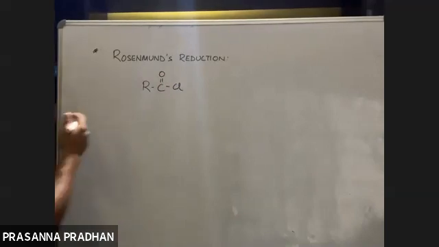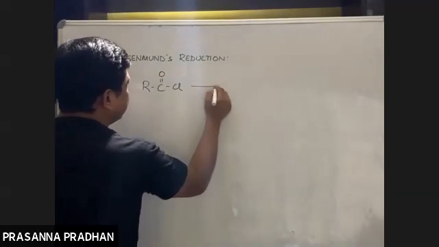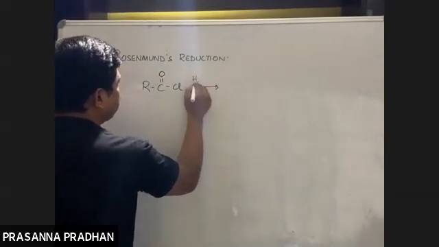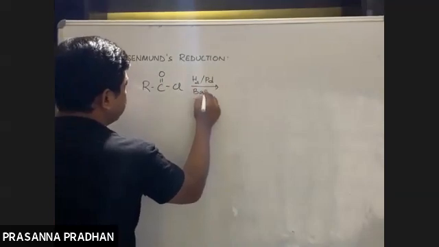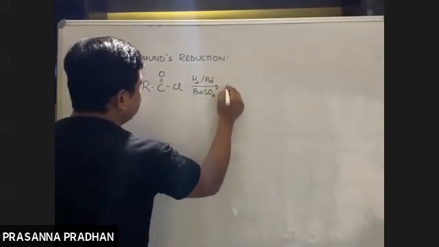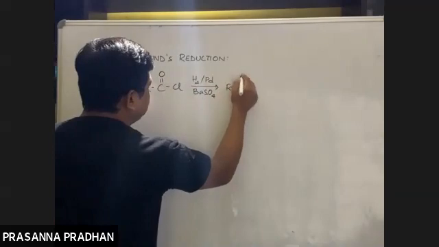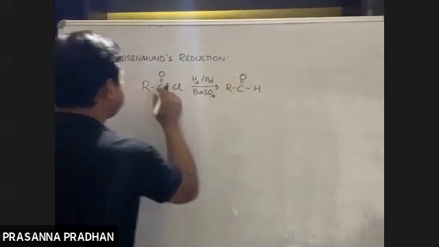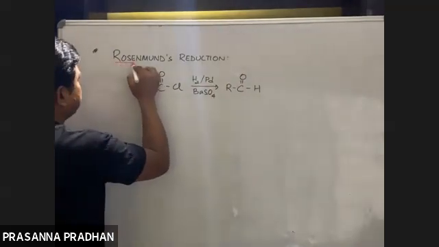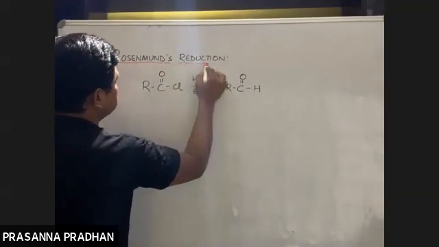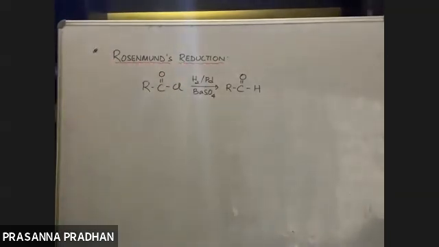When the acid chloride is treated with hydrogen, palladium, barium sulfate, we get the aldehyde like this, right?